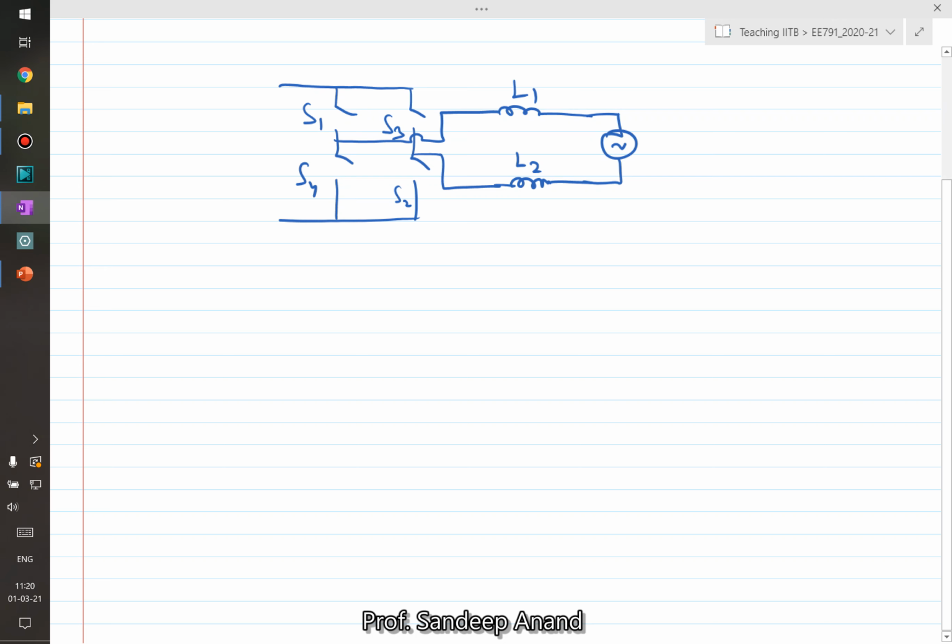Let's consider some more non-idealities. For example, let us say when you are earthing at the substation, when you are earthing the neutral, there is an earth resistance Rg. Let this point be A and B. On the DC side, as we have already seen, we can assume the DC voltage to be almost stiff because of the large capacitance that we usually include on the DC bus.